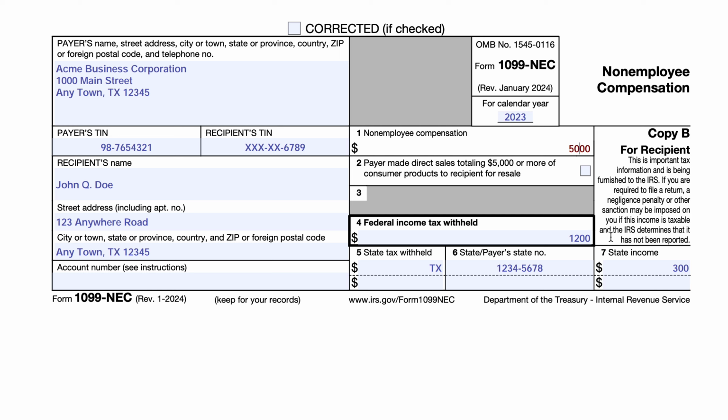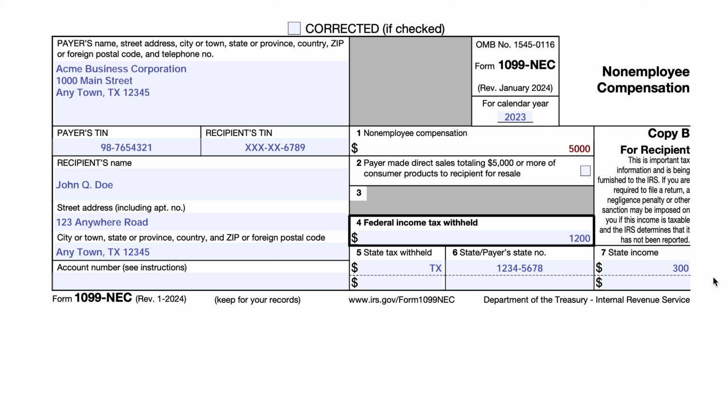So this would be a good opportunity to do that so that you're not subject to backup withholding. And in this case, I believe it's a flat rate of 24% that they're required to withhold. So of this $5,000 payment, they had to hold back $1,200, which was 24%. It doesn't matter what tax bracket you're in. That may be too much, that may be too little. That's what they're going to withhold.